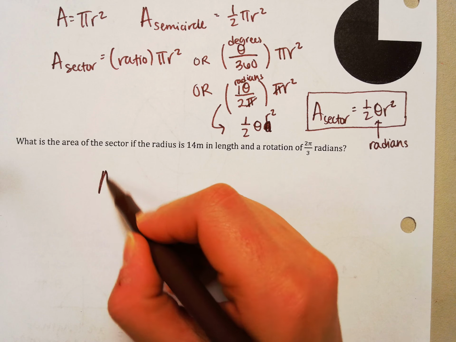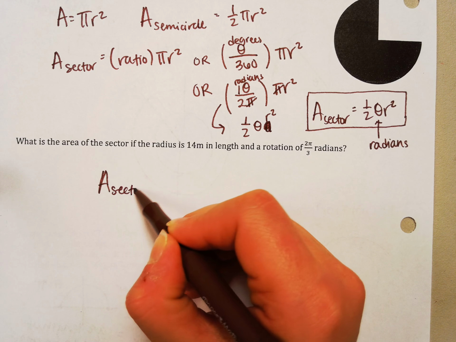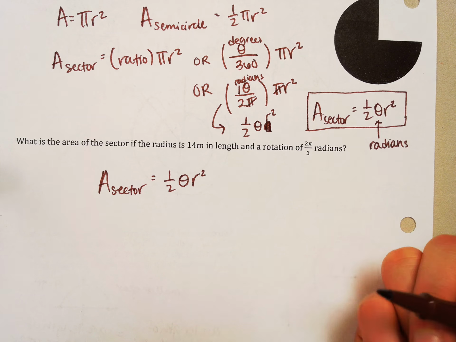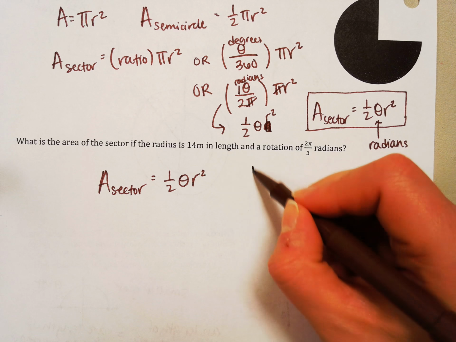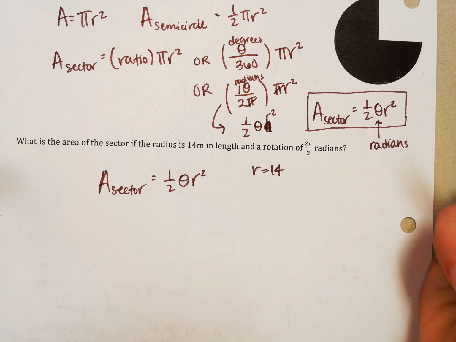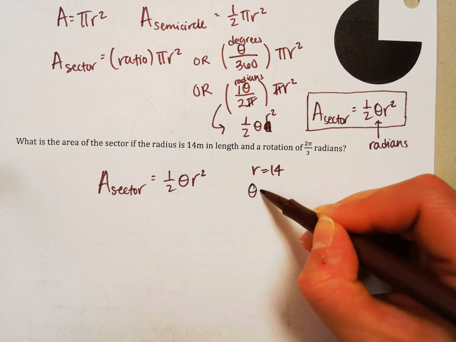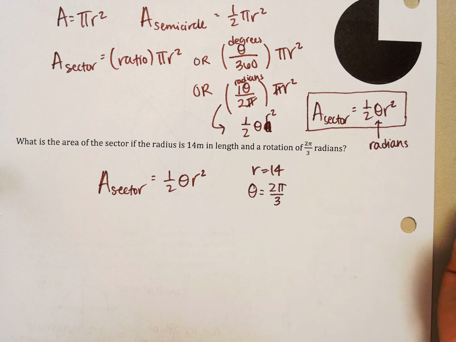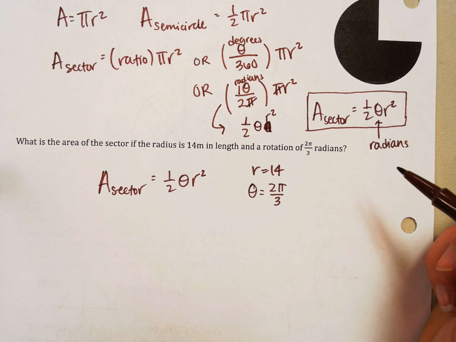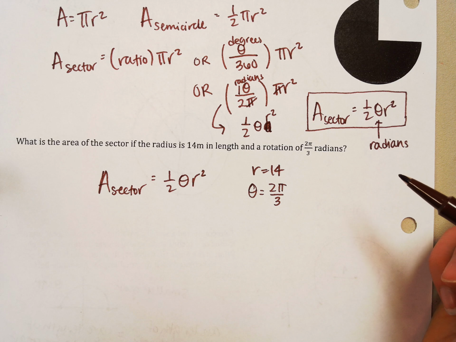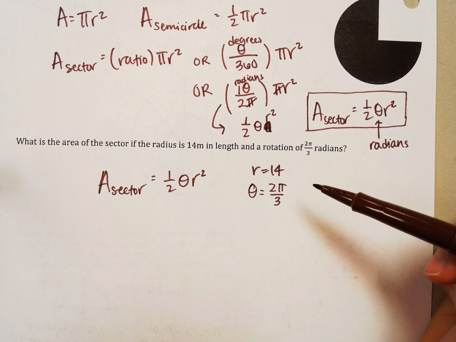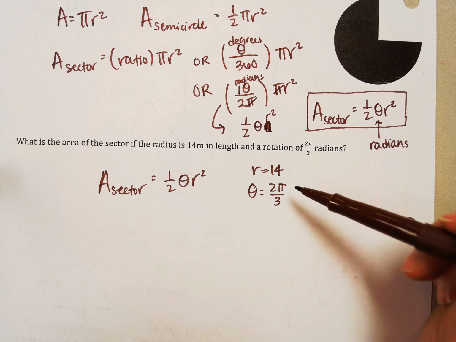We're looking for the area of a sector, which again I'm going to write out the formula for. It's 1/2 theta r squared. If the radius is 14 meters and the length of a rotation, which is our ratio here, or arc length, intercepted arc, our theta value, our degree, whatever, or our amount of rotation is 2 pi over 3.